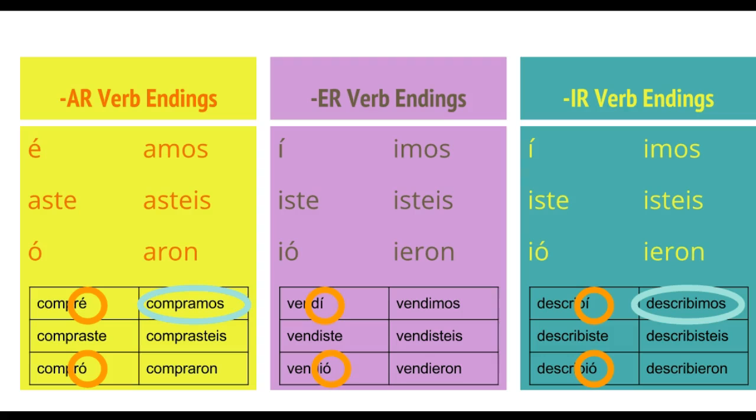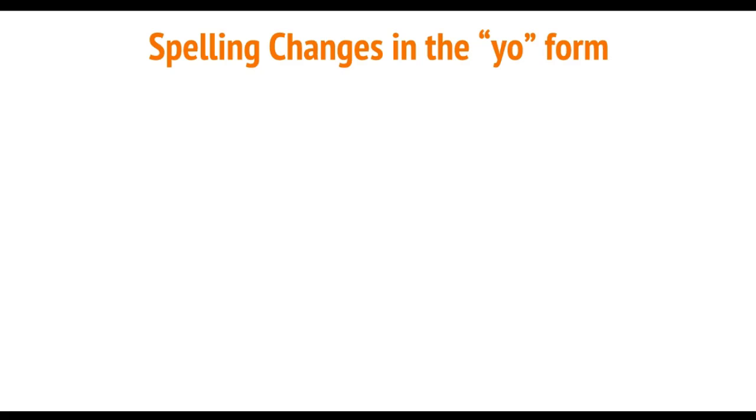So whenever you encounter one of these words in the nosotros form, you have to read around that word, look at the context clues and the vocabulary, the other words in the sentence, to make sure you understand whether it's present tense or preterite tense. The ER verb ending is a little bit easier because it ends in imos versus the present tense ending, which would be emos.